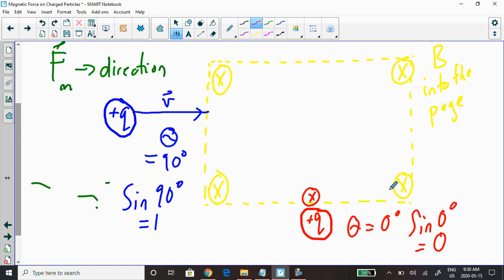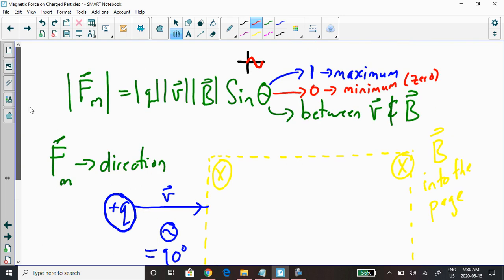Well, the magnetic field is also into the page. So that means that the angle between them is 0. They're parallel to each other. So that means we have sine of 0 degrees, which is 0. So if I go back to this equation and put in sine of 0, sine of 0 is 0. It's a minimum. It's 0.